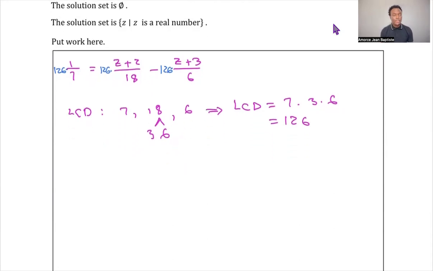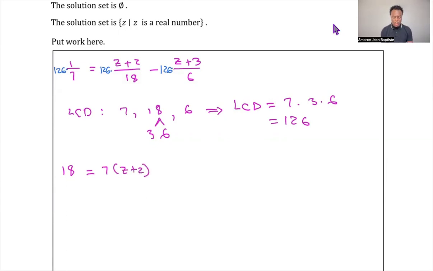So when you divide 126 by 7, that's going to be 18 equals, when you divide 126 by 18, that is 7. So that means you cancel 18 times z plus 2.